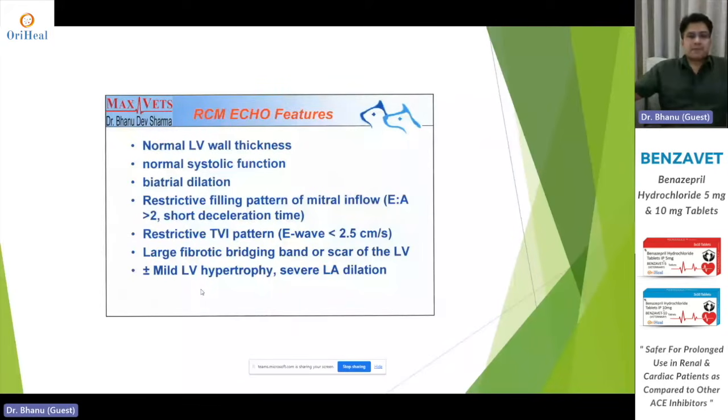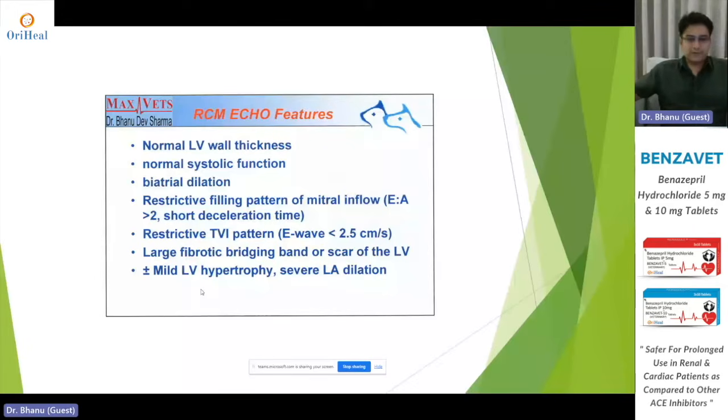These are some of the echo features of RCM. There would be normal left ventricular wall thickness, as I said, in most of these cases. The contractility or the systolic functions of the heart would be absolutely normal. Both the atria would be severely dilated. There would be a restrictive filling pattern of mitral inflow profile.